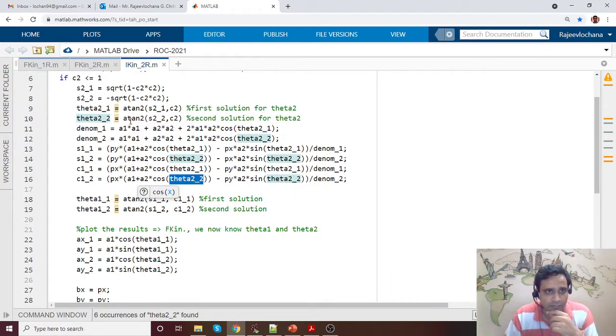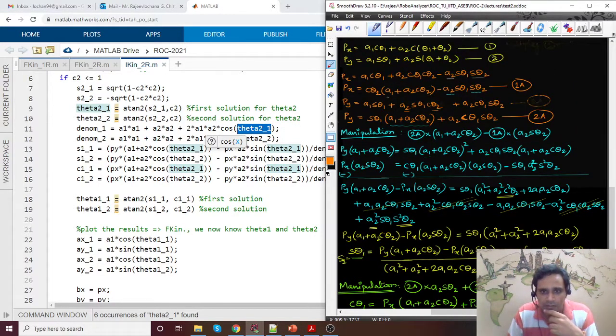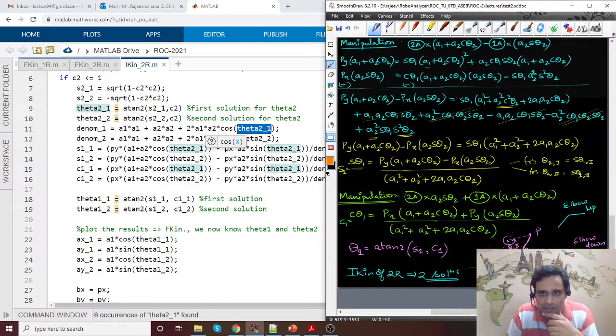So theta 2 term is atan2 of s2, c2. Okay, so apparently the denominator 1 term is a1 square plus a2 square plus 2 a1 a2 cos theta 2, and the denominator term is a1 square plus a2 square plus 2 into a1 a2 cos of theta 2.